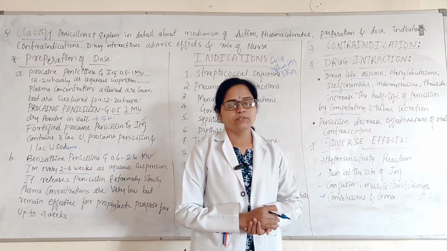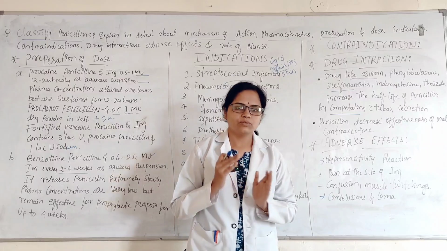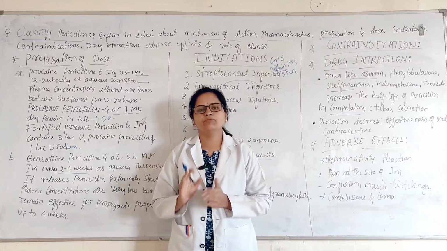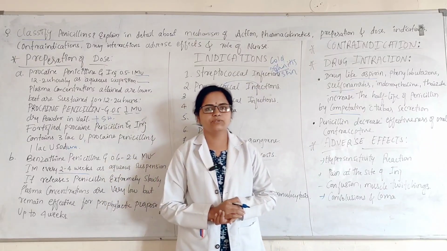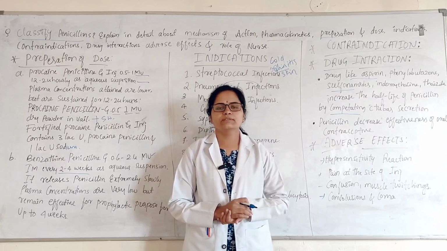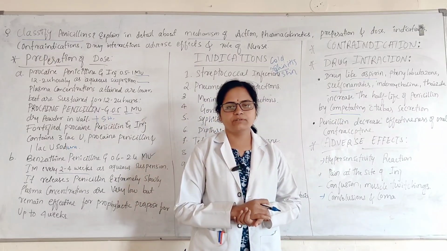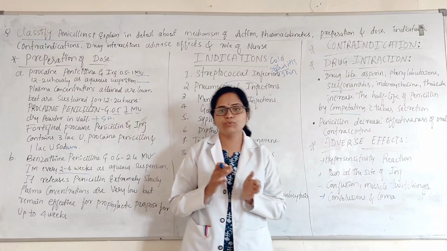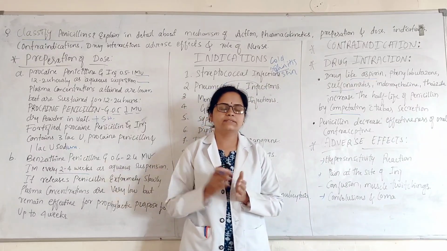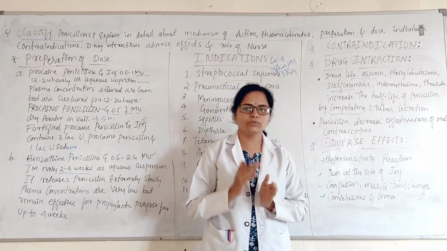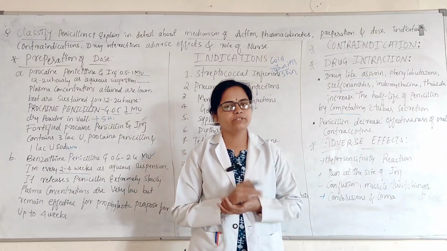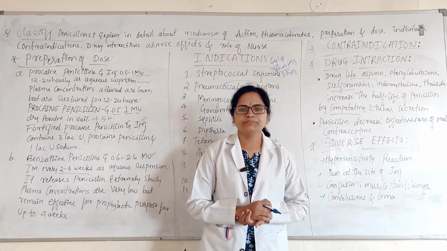And next we'll see the role of the nurse, means the roles and responsibilities of the nurse before and after administration of the penicillin. Before administration of the drug, the nurse should know the complete history or health status of the patient, and also she should know about the 10 rights of drug administration.